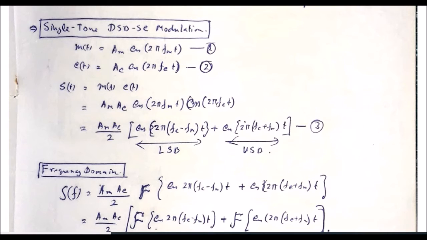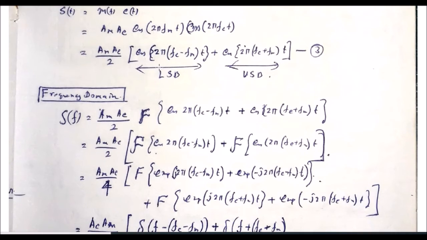Okay, and after decomposing this cos A multiplied by cos B term, you will get cos(A minus B) plus cos(A plus B). That means this term is fc minus fm. This term is nothing but the lower sideband, and this term is nothing but the upper sideband. So this particular equation is the DSBSC modulated signal for single tone modulation.